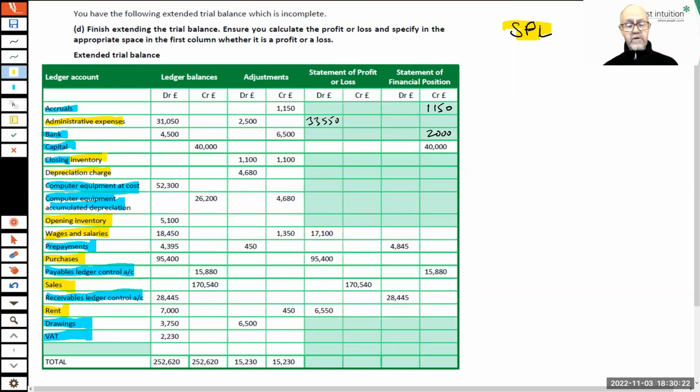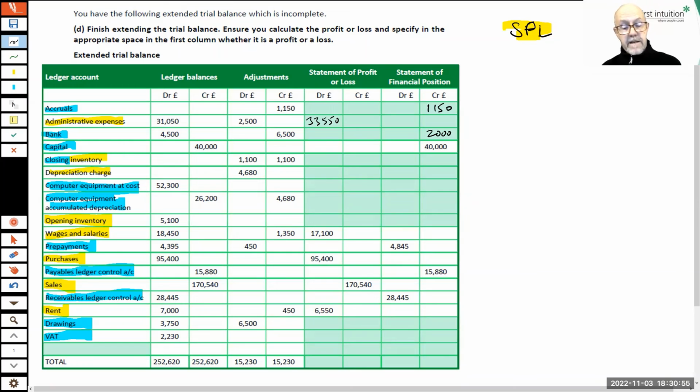We say we've used up everything we had at the start, so we're charging the opening inventory as a cost. We've used up everything we've bought, so we're charging purchases as a cost. But then we are adjusting the amount we have used up by what's left over at the end. So we put into the statement of profit and loss the opening inventory, we put in the purchases, but we take back the closing inventory. Hence that goes in two places.